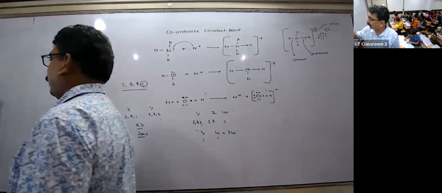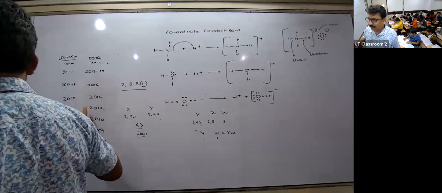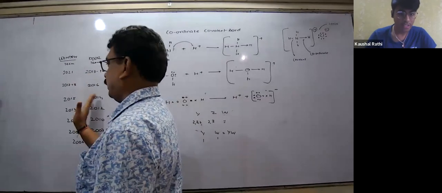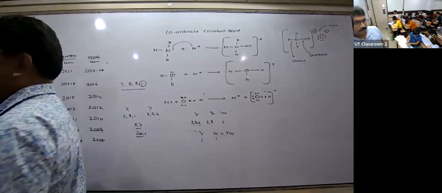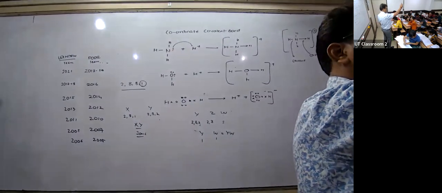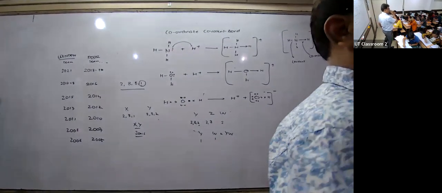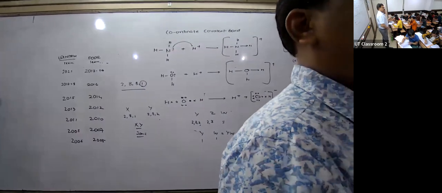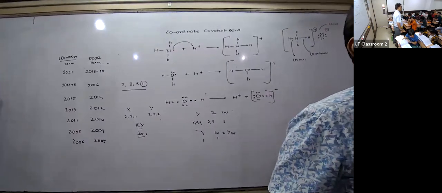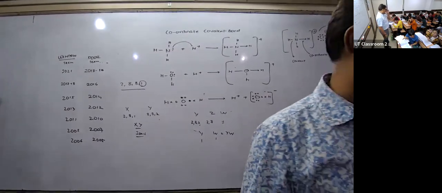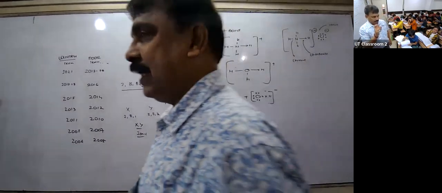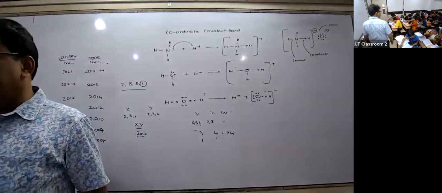You have to do this 2018 board question. Yes, okay sir, we are doing that. Show me your book, show me your volume. Last bench, how many questions are over, which year are you into? 2006, very good. 2005 last question, I'll give you just 5 minutes more.